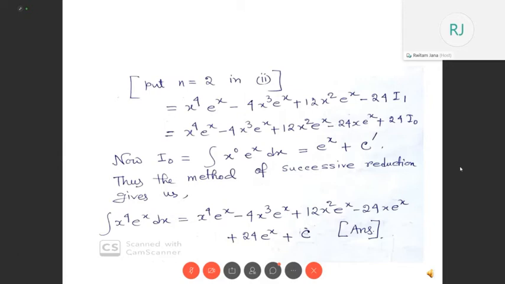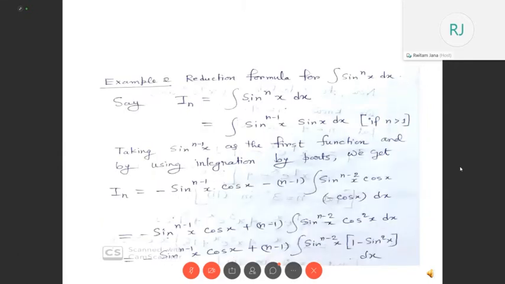Next part, you have to find a reduction formula for the integral of sine to the power n x dx.